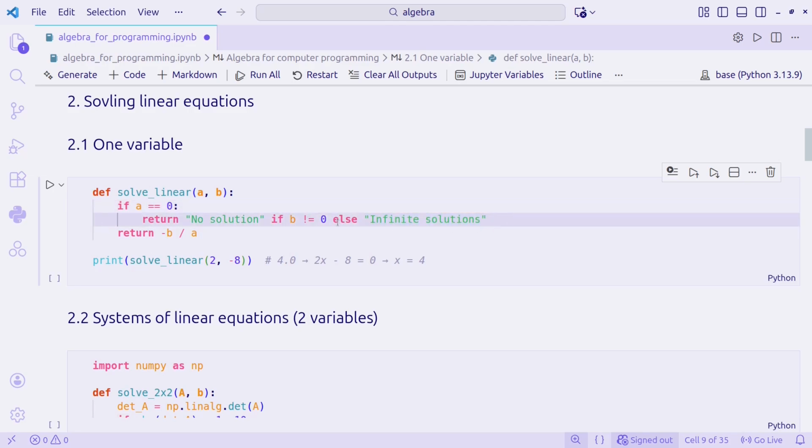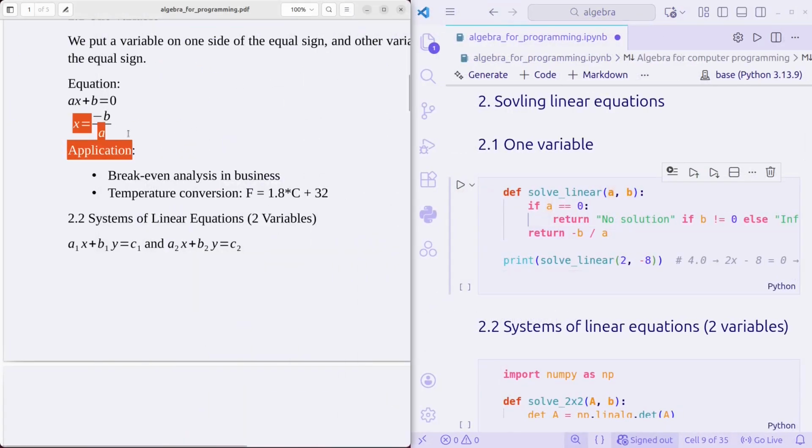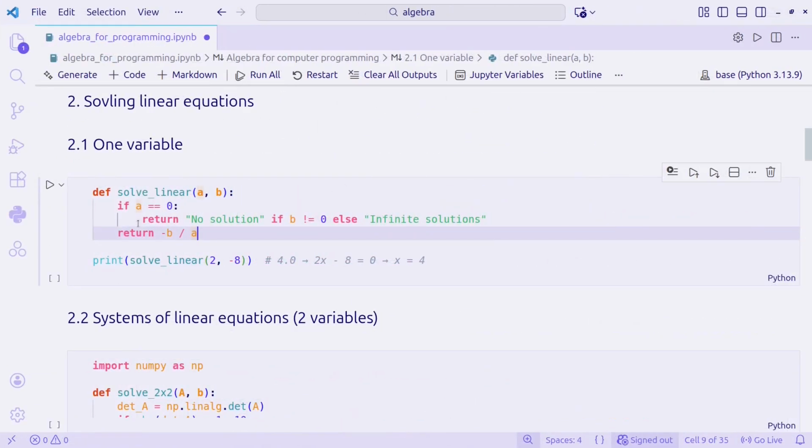That's why I will have the else part here to consider the case of a and b equal to 0 together. And if a is a non-zero number, I can just say return minus b over a, which is just the result coming from the notes here.